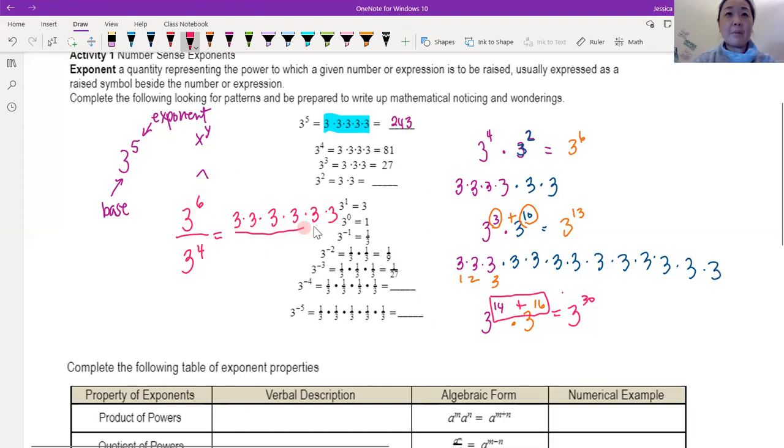And then we're going to divide that by 3 to the 4th power, which means that's how many 3s? I think you said 4, right? Did I read your mind? I'm a magician. All right, so here we go. If you notice right here, we're just dividing, right? So 3 divided by 3, what is 3 divided by 3? 3 divided by 3 is 1.